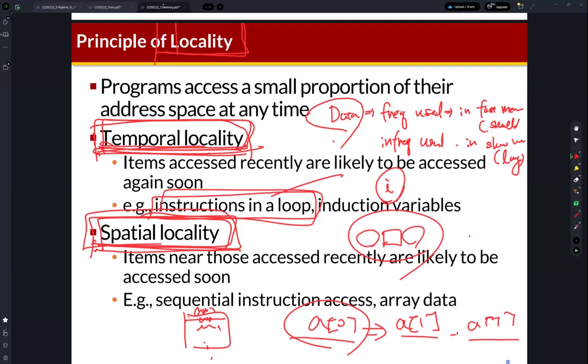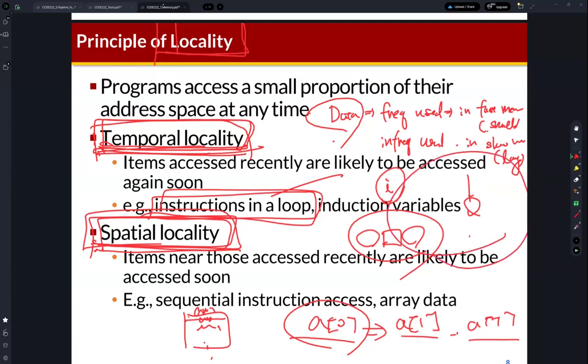Then in our applications, temporal locality and spatial locality are observed frequently. So what does that mean? We can observe locality of data, which means when a certain data is accessed, then this data will be accessed again.